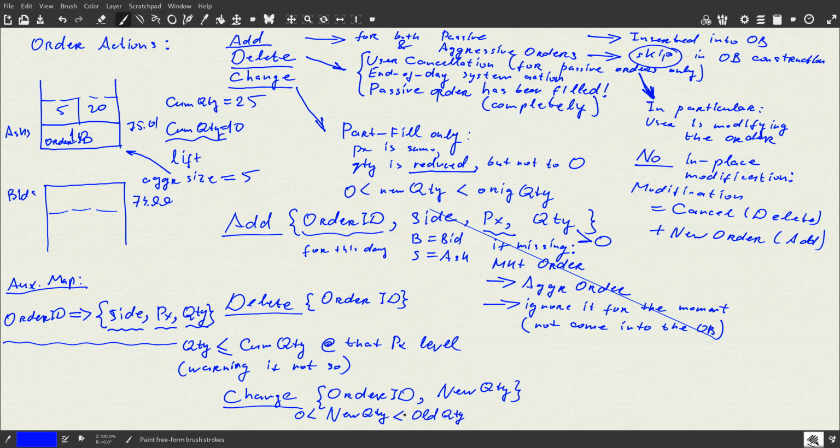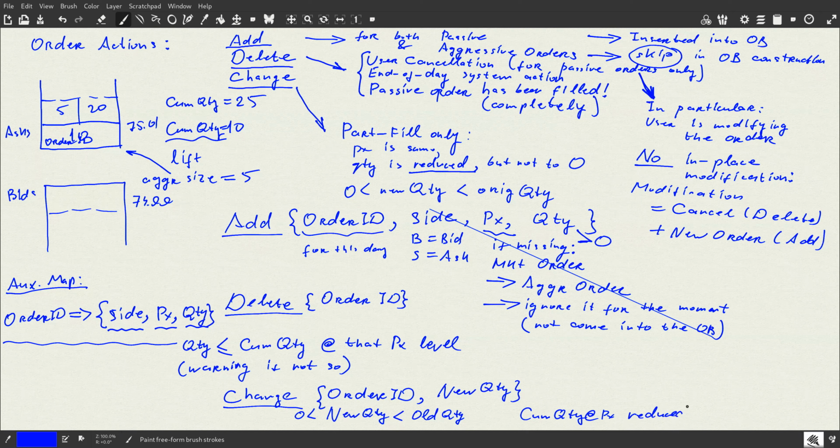If it is the case, then you modify the quantity in both the auxiliary map and in the order book itself. And cumulative quantity at this price is reduced.